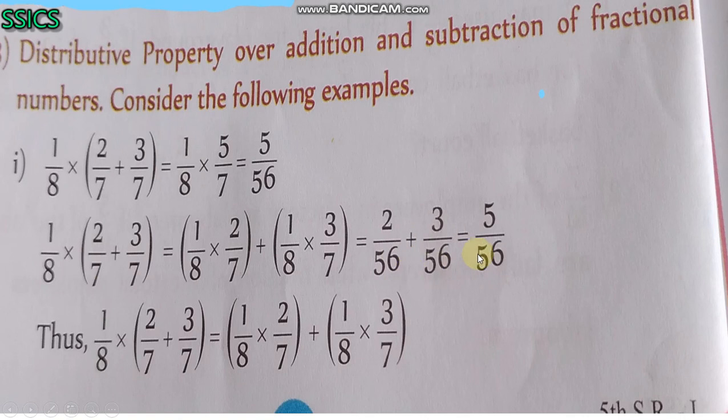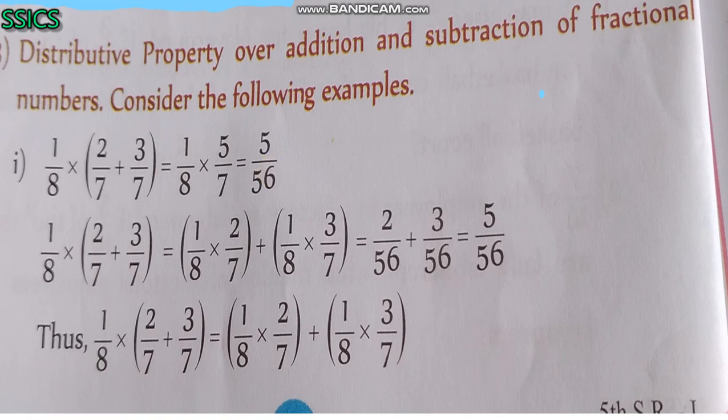Both denominators are 56. Then add the numerators: 2 plus 3 is 5. Common denominator is 56. Here we did A into B plus A into C. We get 5 by 56. So in both cases we get the same answer, 5 divided by 56.